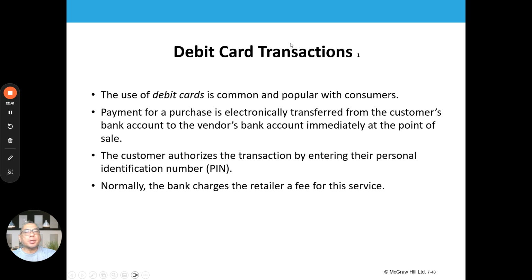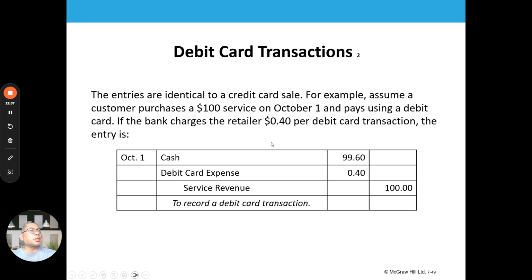In debit transactions, the use of a debit card is common and popular with customers. Payment for the purchase is transferred from the customer's bank account to the vendor immediately at the point of sale, and usually you require a PIN. How do you book the debit card? This is an example here. Purchase of $100 service in October, paid by debit card, bank charge 40 cents. So there's always a fee for everything you use electronically.